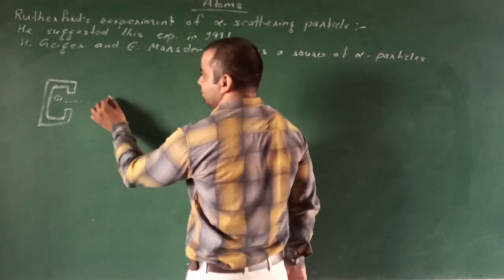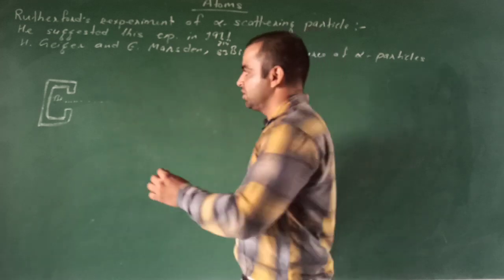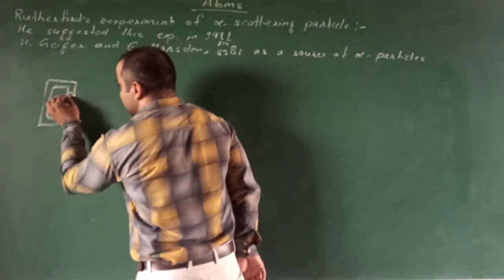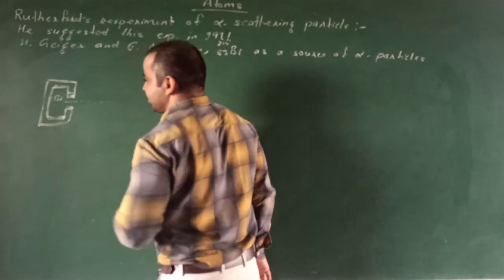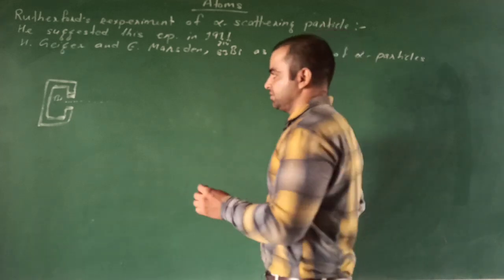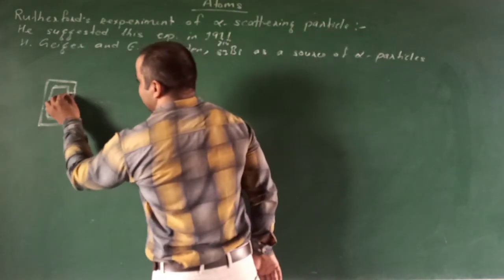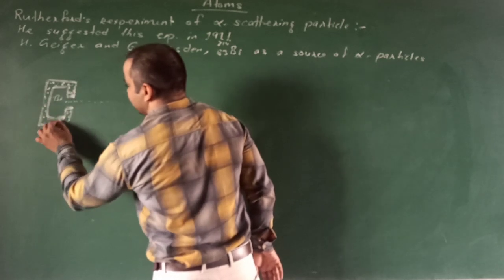Alpha particles were scattered in different directions, but this opening controls them to go forward in a particular direction, and it was made of lead.